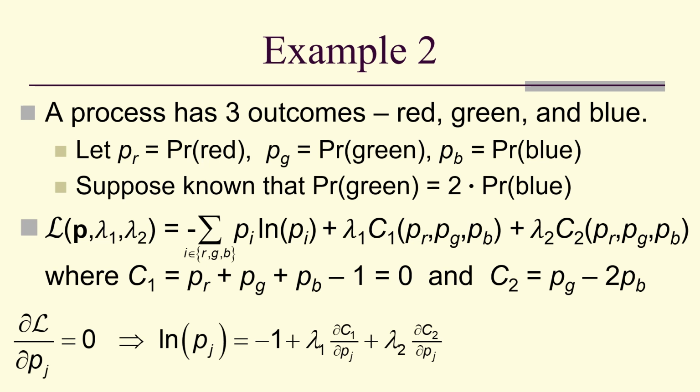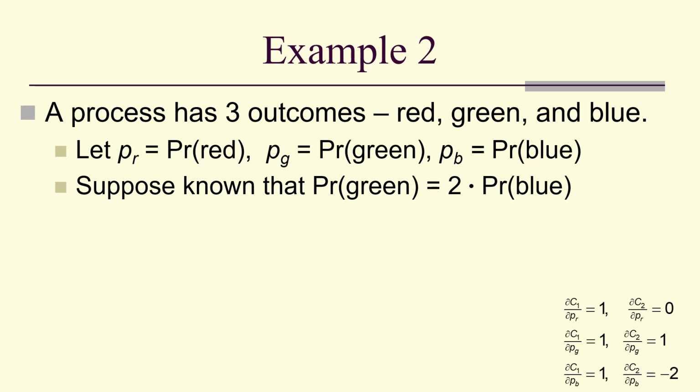Here are our partial derivatives. These are all linear expressions, so I'm not going to go through this in detail, but notice that the derivative of C1 with respect to P r, P g, or P b are all equal to 1. And you can see 0, 1, and -2 for the others.